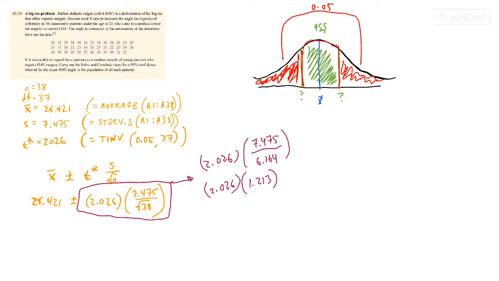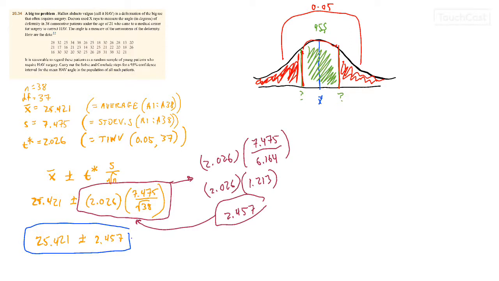And now if I multiply these, I should get 2.457. So what that's saying is that if I take this number and plug it back in here, it's the mean, 25.421, plus or minus some margin of error, which is 2.457.